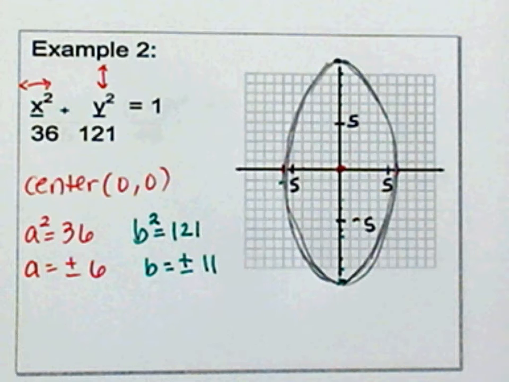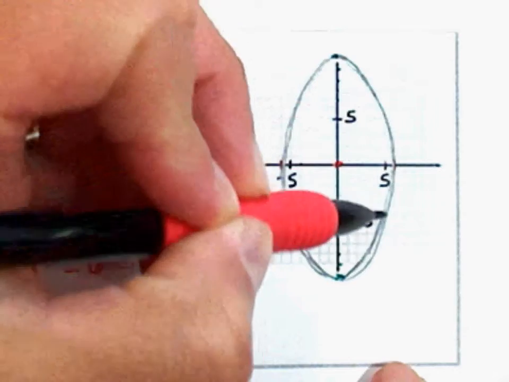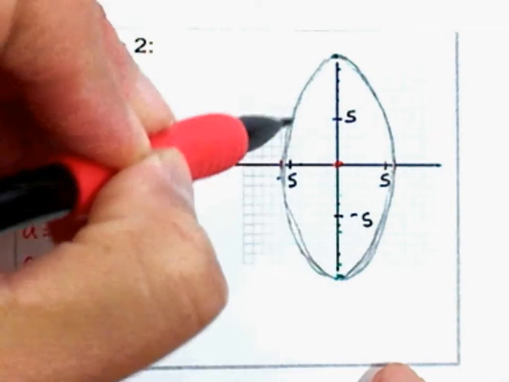And there you have your graph. So as you can see, there's your graph. My computer keeps turning off. Okay, so do you guys see your ellipse? Kind of like an egg, isn't it? There you go.